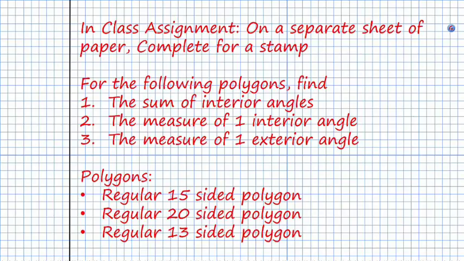So remember, the sum of the interior angles will increase over time, and the sum of the exterior angles will always be 360 degrees. So for a regular 15-sided polygon, remember when we're talking about regular, that means all of your angles and side lengths are the same. So just keep that in mind when you go to do this exercise. And this is a 13 right here.